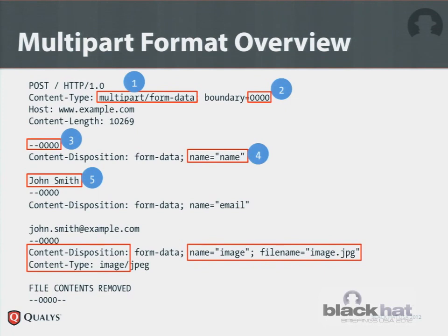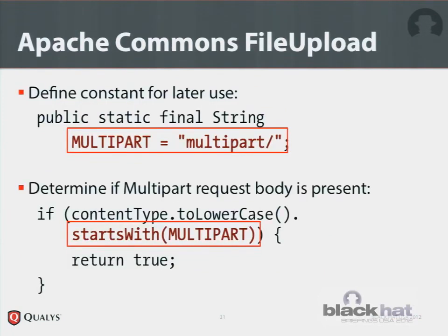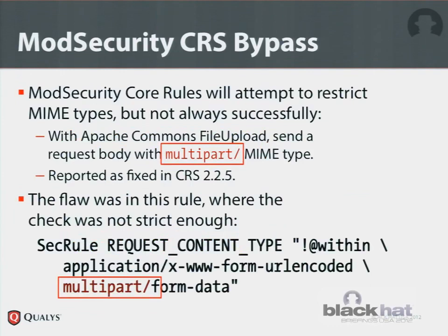So if we look back at Apache Commons FileUpload, let's see how they're detecting multipart form data. As discussed earlier, they just look for anything that begins with multipart/. This makes it very easy to evade. And even though ModSecurity itself doesn't have any restrictions on MIME types, the ModSecurity Core Rule Set, which is a sort of official distribution of rules for ModSecurity, does.